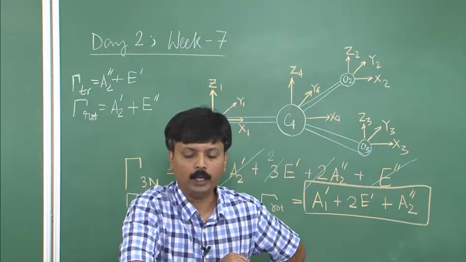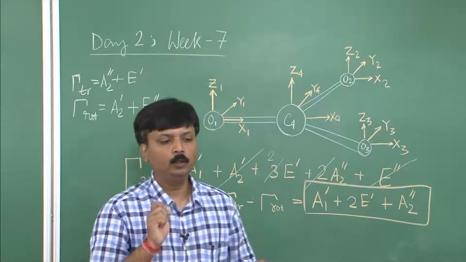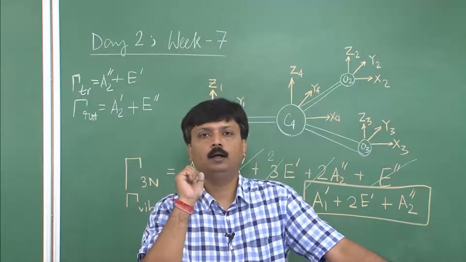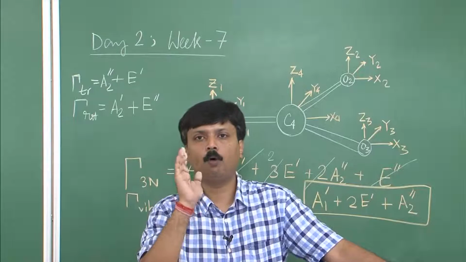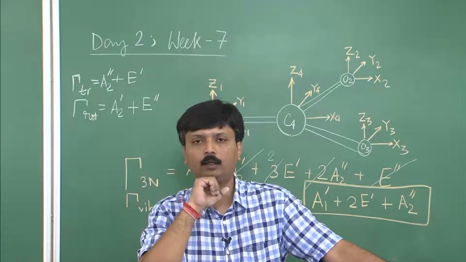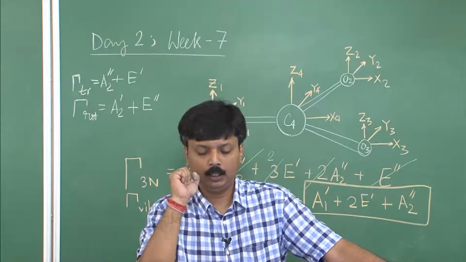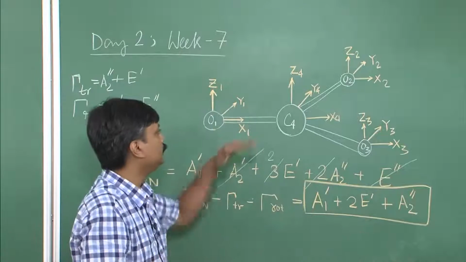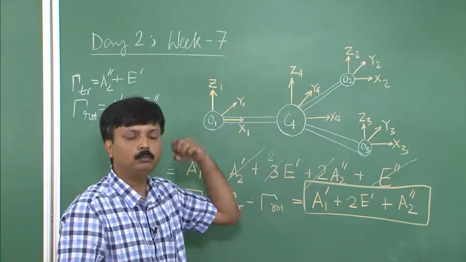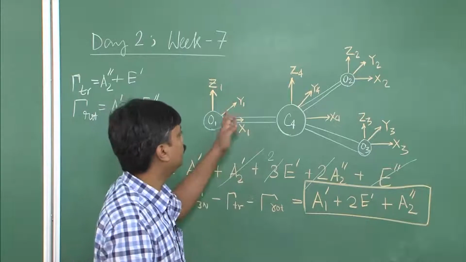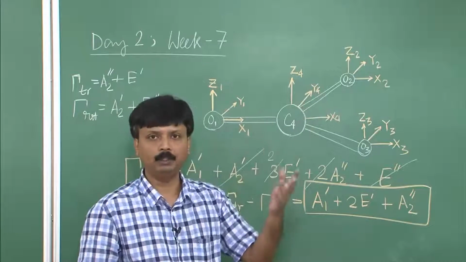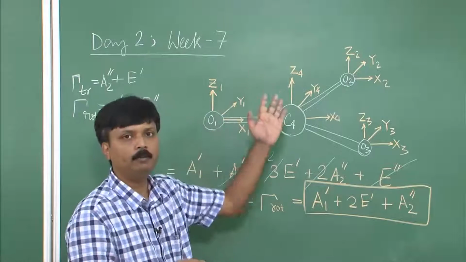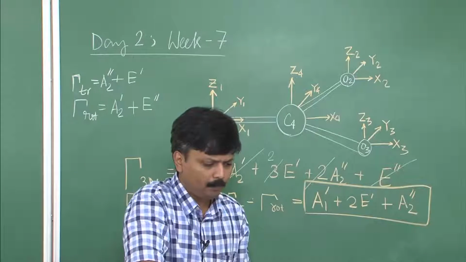You have to consider either certain bonds or the bond angles to be your internal coordinates. So here we can consider these CO bonds as my basis function, or this OCO bond angle as my basis function, or any dihedral angle even as my basis function.